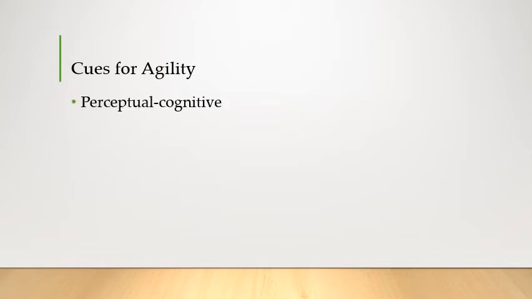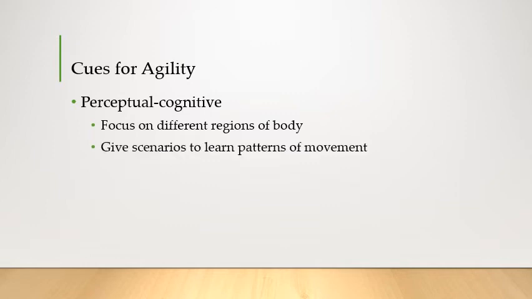So other cues you can look at, again, are the perceptual cognitive cues. You could have them focus on different regions of the body. This could be done by having them watch a video of themselves, possibly, if you feel that can work for the individual athletes. You could also give scenarios to learn patterns of movement. These situations can have two different qualities.